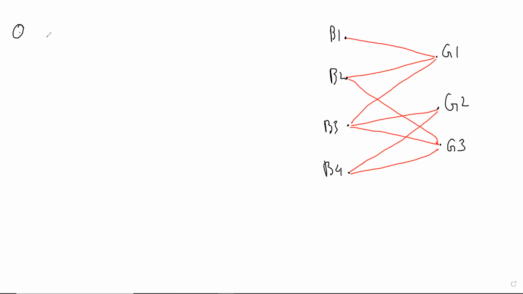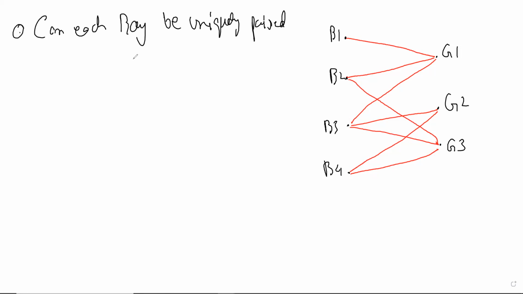Okay. And the question is, can each boy, so this is again an instance of a different problem, but in the same kind of situation. We are not going to prove anything significant today, just doing this instance and getting a feel of things. Can each boy be, of course, uniquely paired up with a girl?